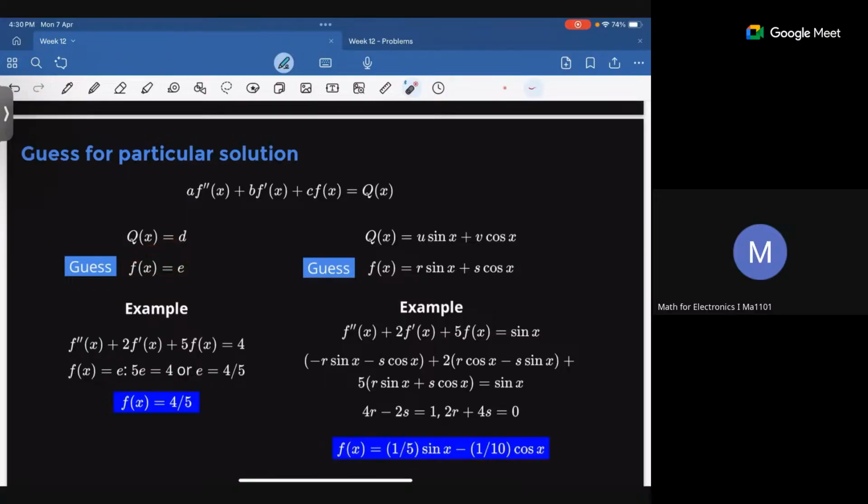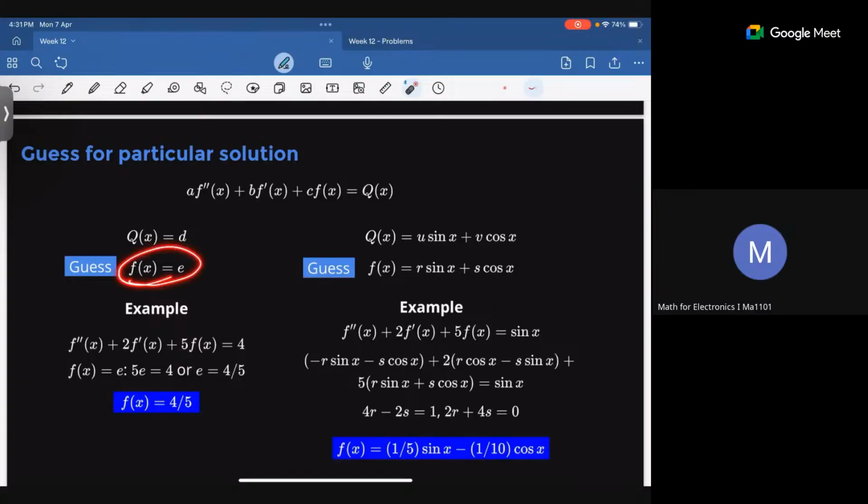Or if our q of x is some combination of sinusoids like u sin x plus v cos x, our guess will also be some r sin x plus s cos x. So if q of x is a constant, we guess a constant. If q of x is a linear combination of sines and cosines, our guess will also be a linear combination of sines and cosines.